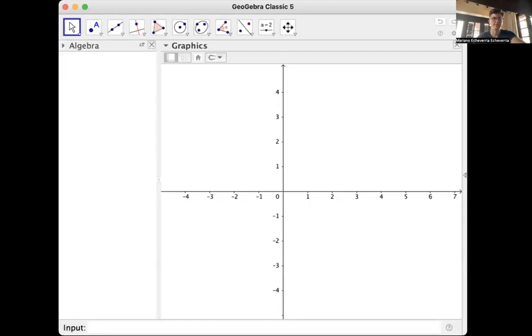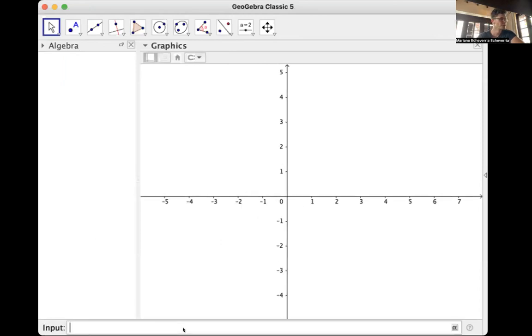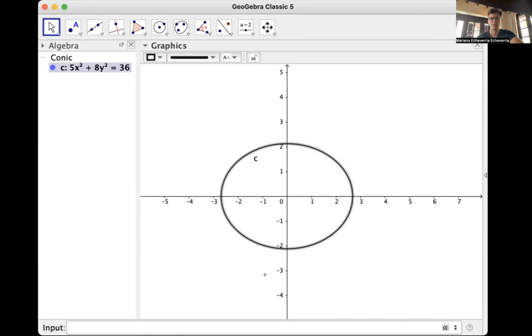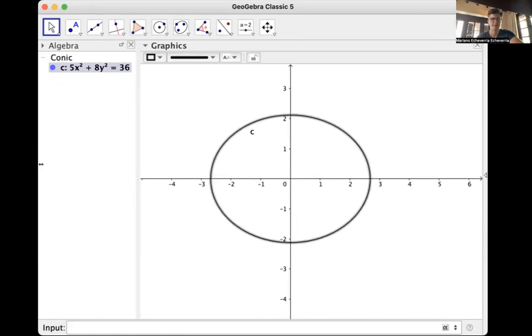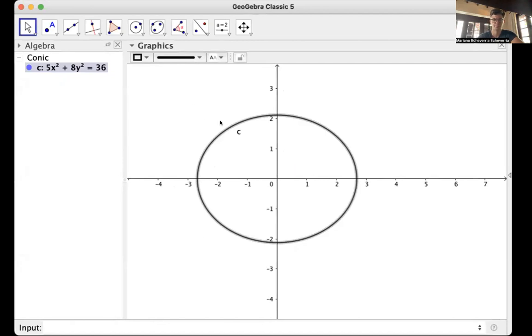So what do I mean by conic section? I just mean an ellipse or a hyperbola. So here's, for example, the equation of an ellipse. It's 5x squared plus 8y squared equals 36.